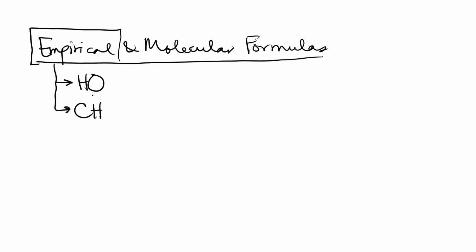This formula tells us that we cannot further reduce the formulas or the subscripts of your elements within the empirical formula. So H in HO has a subscript of 1. Okay, so if you don't have any subscript on the chemical formula, it's understood to be 1.